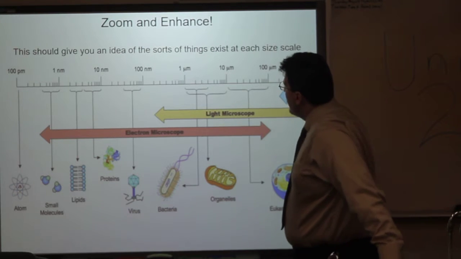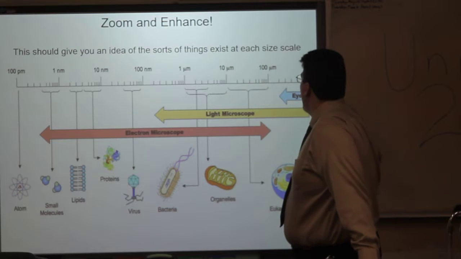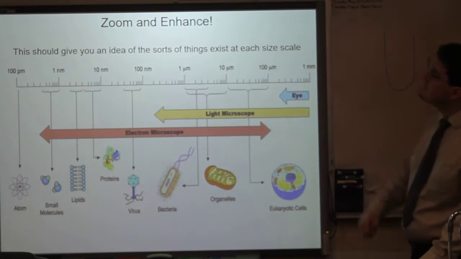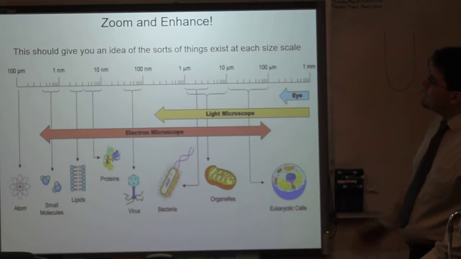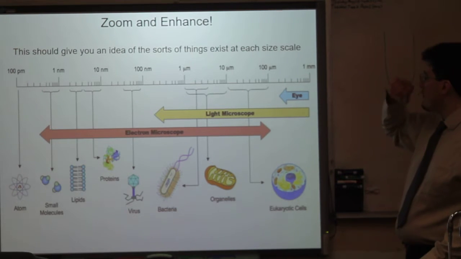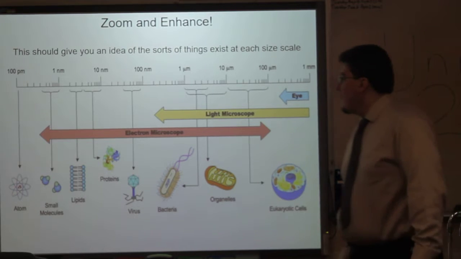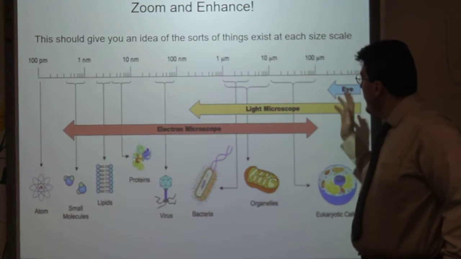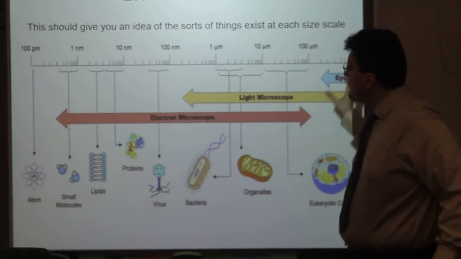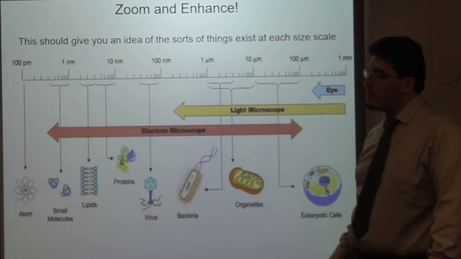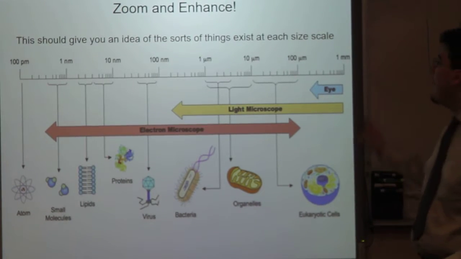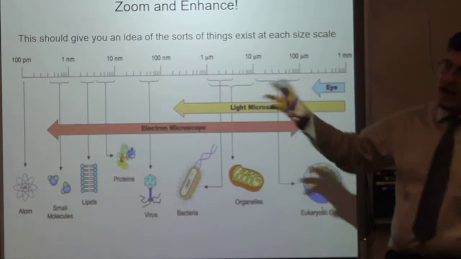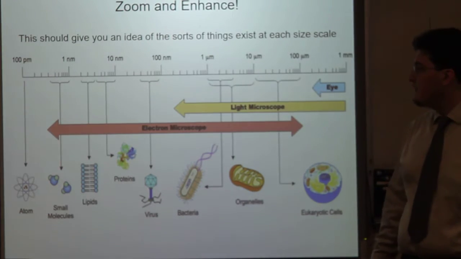Light microscopes have a good range from 1 millimeter all the way to about 200 or so nanometers. Electron microscopes have a real wide range from 100 micrometers and maybe a little bit up, depending on what kind of electron microscope, all the way to the partial nanometer scale, to the fractions of nanometers.